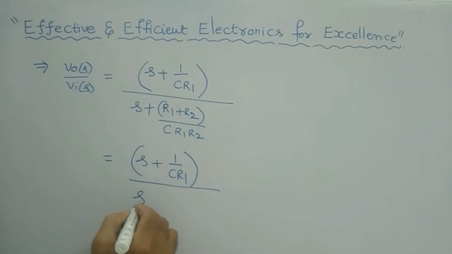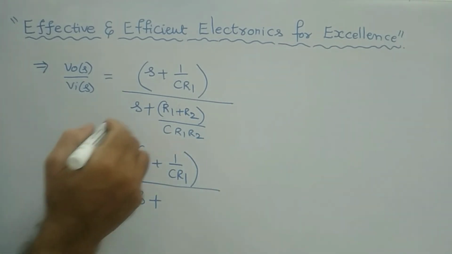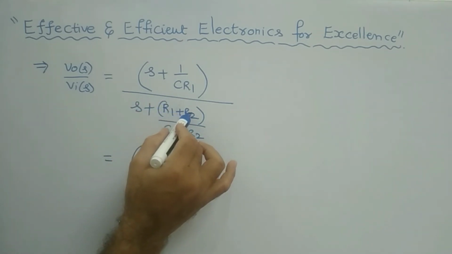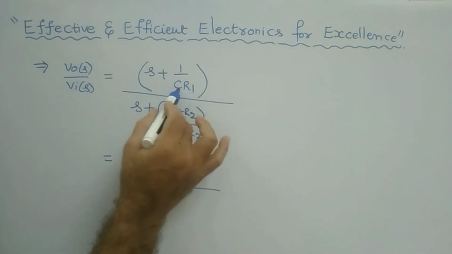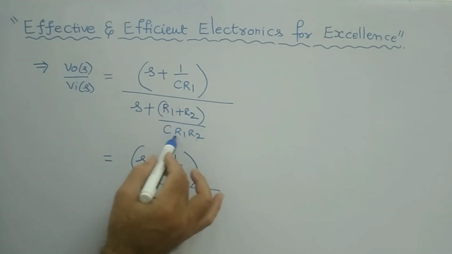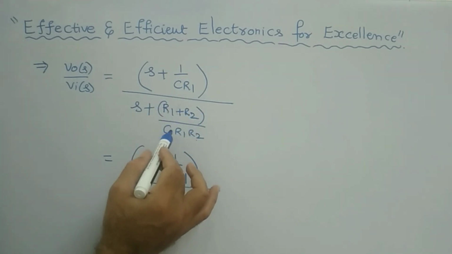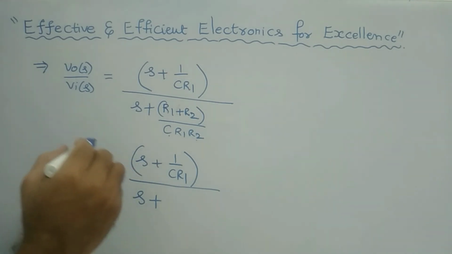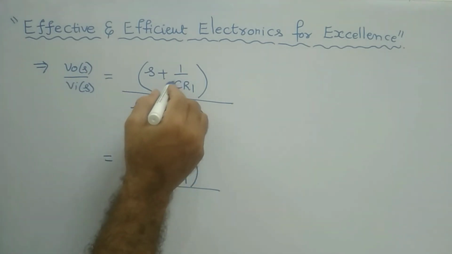Here S plus, let us carefully see here, R1 plus R2 by R2, because CR1 is there here, again CR1 is there here. Therefore CR1 is required because it is a time constant for the R1C circuit. If you see that lead compensator, R1 parallel with C, R1C, therefore this CR1 is there.